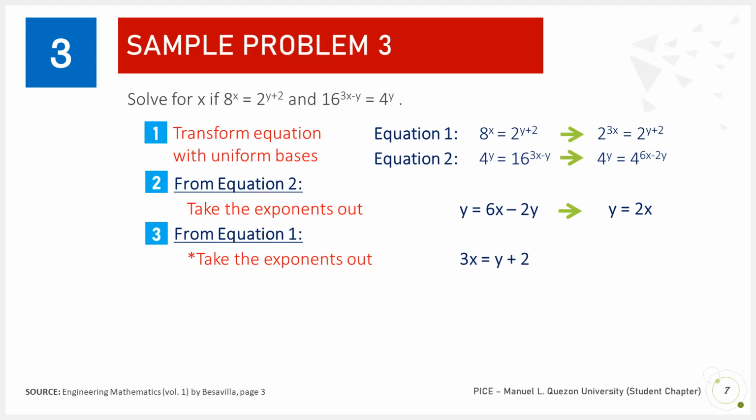And then we substitute the value of y. So may value tayo ng y galing doon sa exponents ng equation 2. So that is y is equal to 2x. So by substitution, we have 3x is equal to 2x plus 2. And we simplify this. We have the value of x as x is equal to 2.